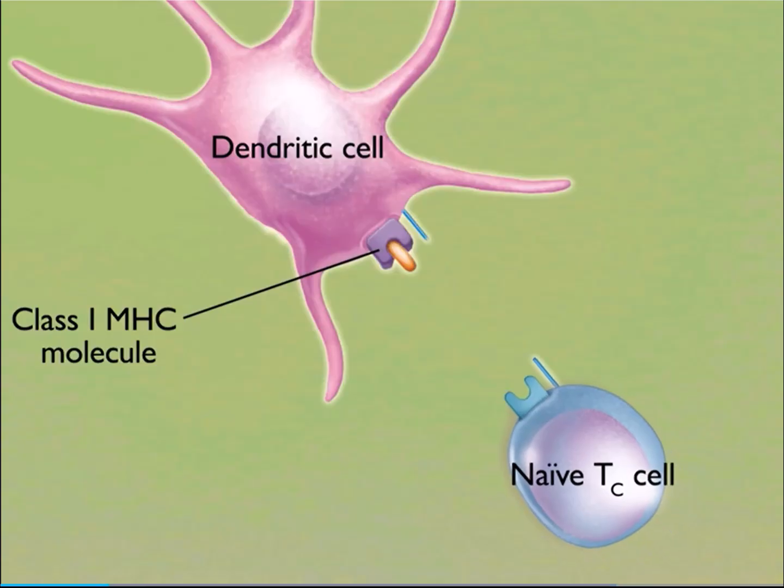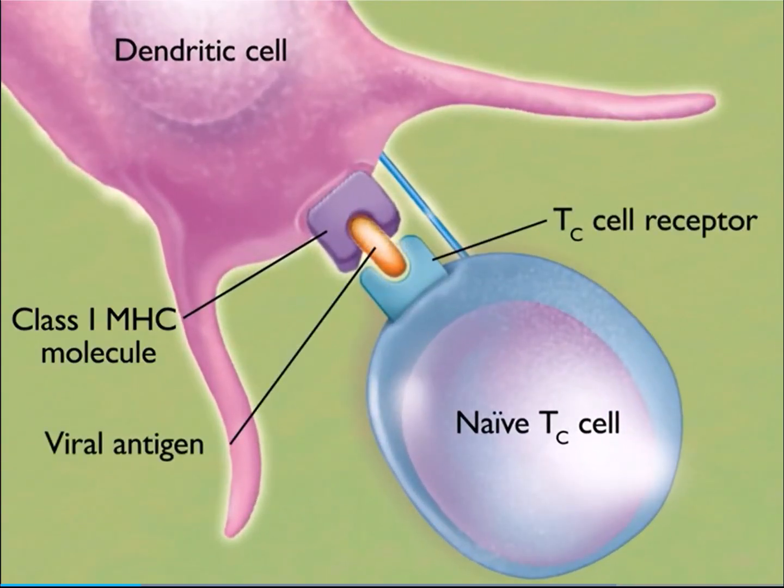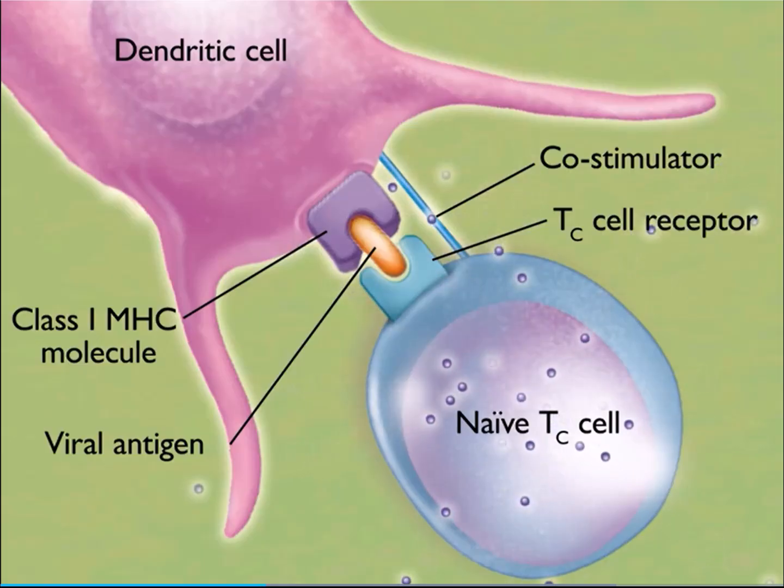A naive cytotoxic T cell becomes activated when its T cell receptor binds to the dendritic cell's class I MHC antigen complex. This process requires a co-stimulator and interleukin-2 from helper T cells to prevent unnecessary naive cytotoxic T cell activation.